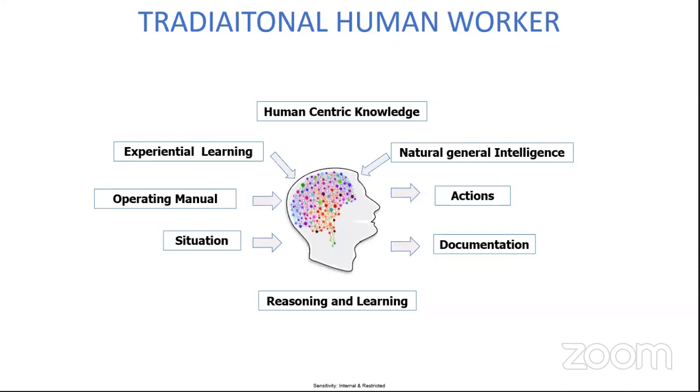Take for example, I want to solve a Rubik's cube, or I want to learn guitar. There is experiential learning that I would have, and also, of course, the natural intelligence that I bring in. So any task that is given typically would have an operating manual to it. Using that operating manual, my experiential knowledge and general intelligence, I would act on the task given to me.